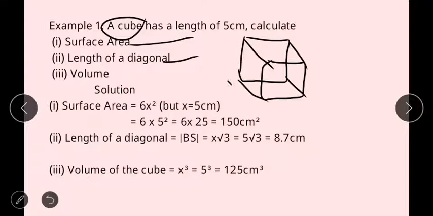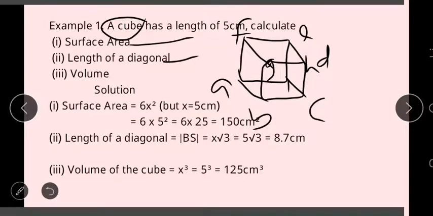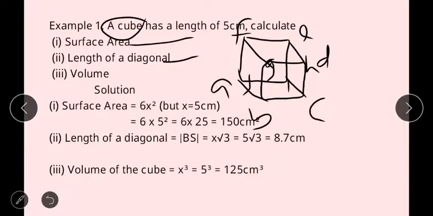Let us name this A, B, C, D, E, F, G, H, I, and J. Right? The length of the diagonal of a cube is that line that will come from the bottom of B here to the top of E. So this line is the diagonal line there, and the length is what we are told to discover.